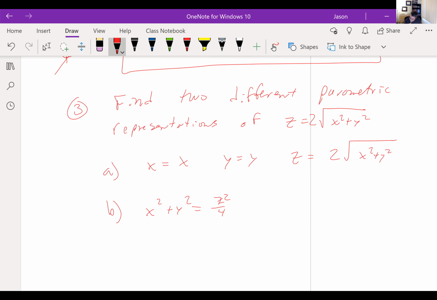And so what do we have? We have a theta and a phi and an A, which is our radius.